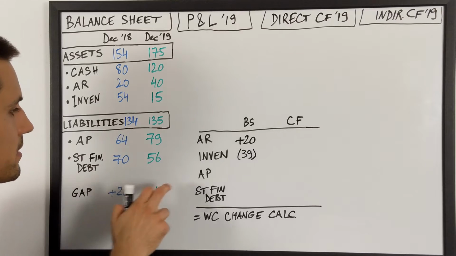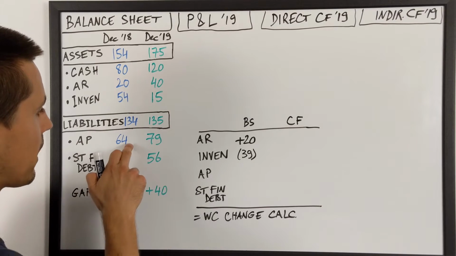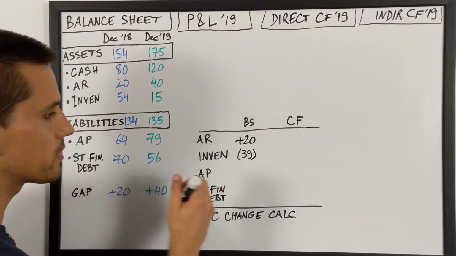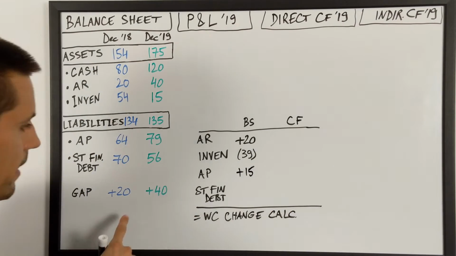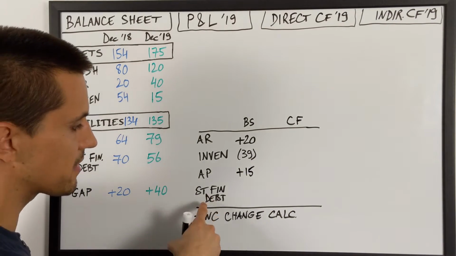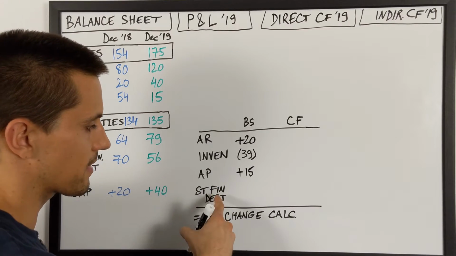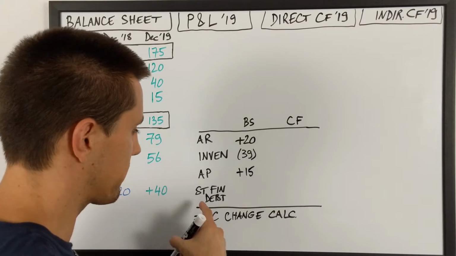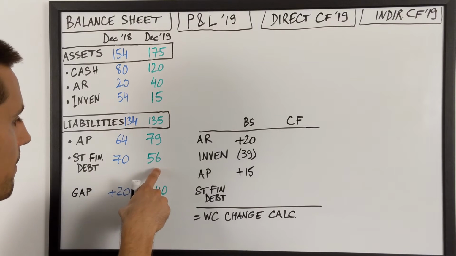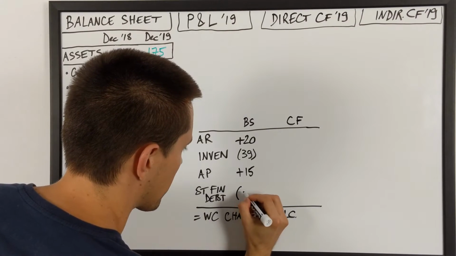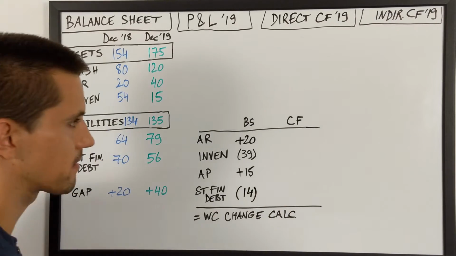Next, look at the liabilities. Accounts payables are going up by plus 15 in the balance sheet. And the short-term financial debt, which means the debt we have to pay in the next 12 months, current debt, is going down by 14.